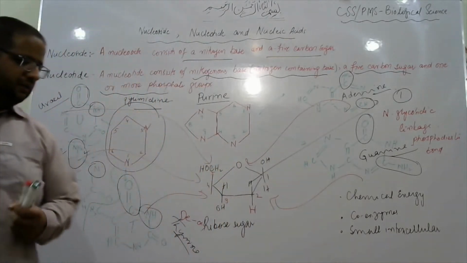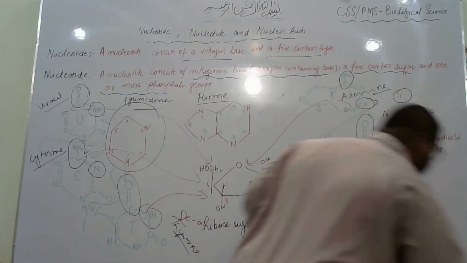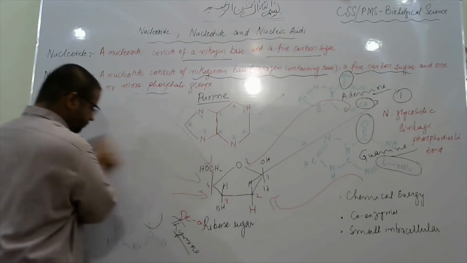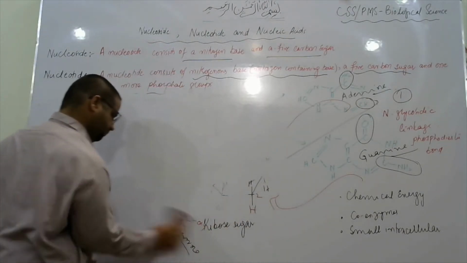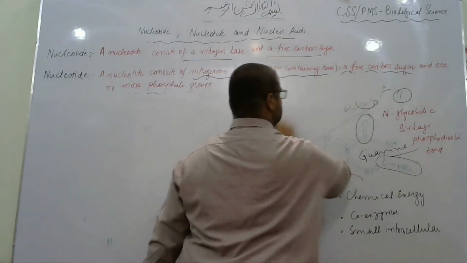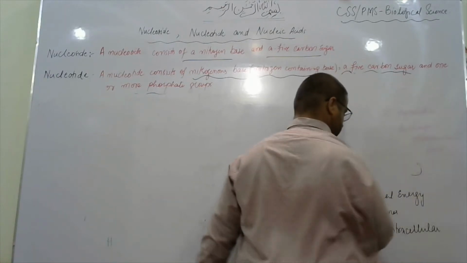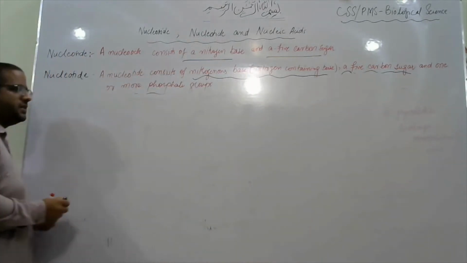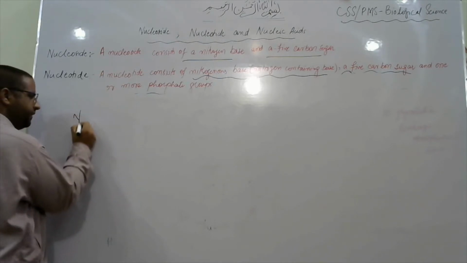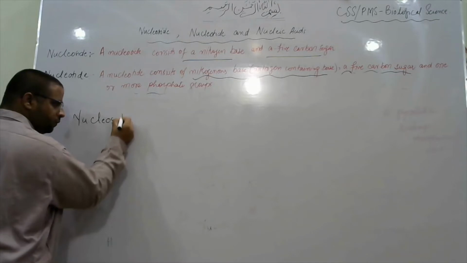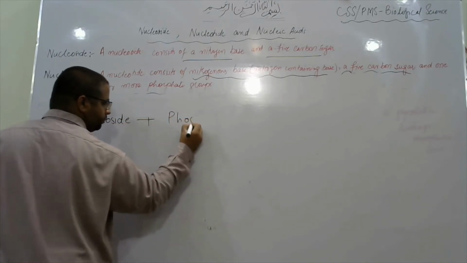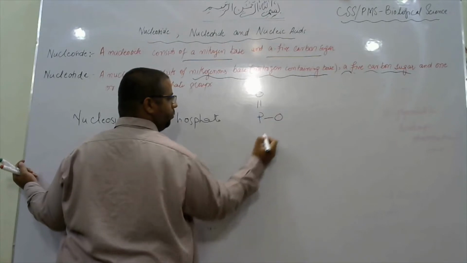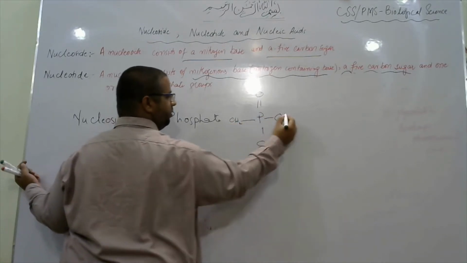Further moving on to the structure of nucleotide, I am going to discuss here when a nucleoside combines with a phosphate group, which is P double bonded to O with other oxygens negative.